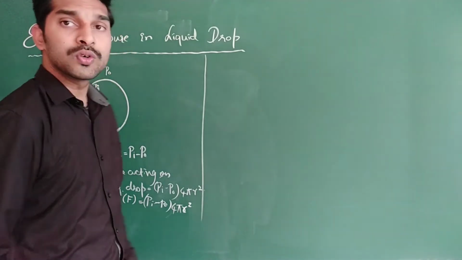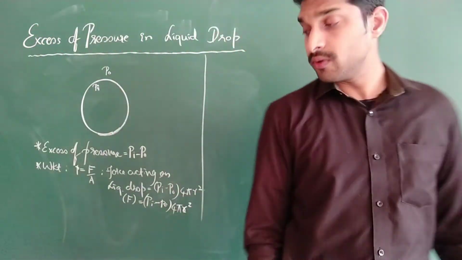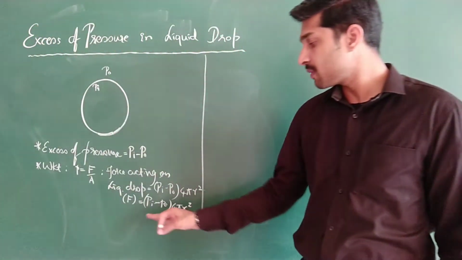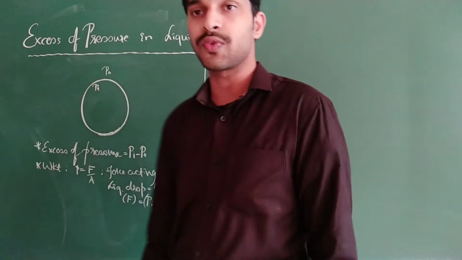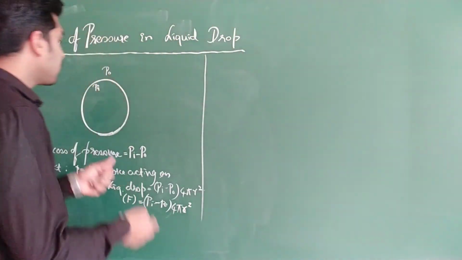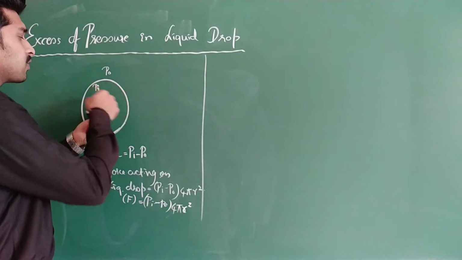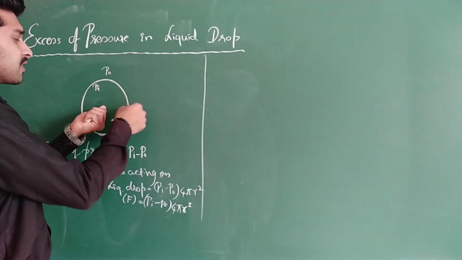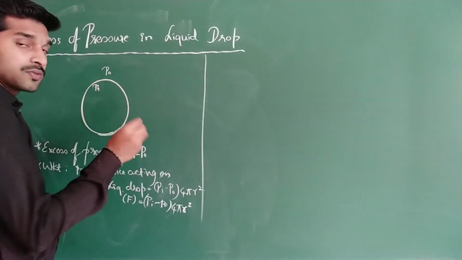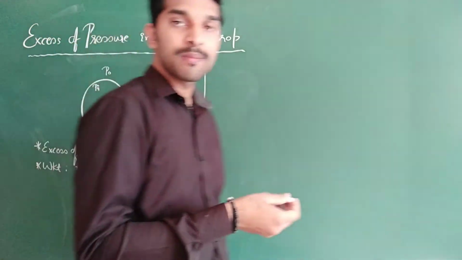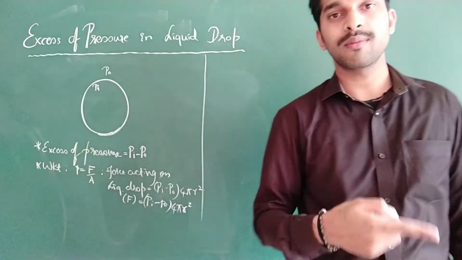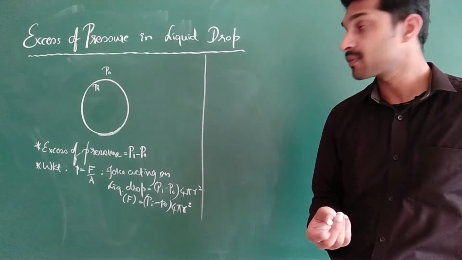So due to this force, Pi minus P naught into 4 pi r square, this liquid drop, its radius will increase. That means basically that complete drop will become bigger in size.